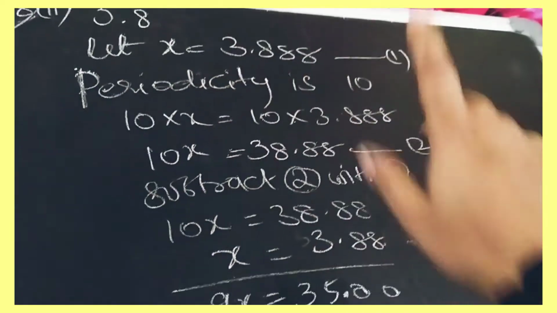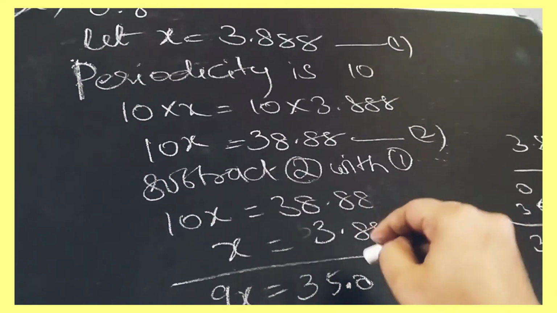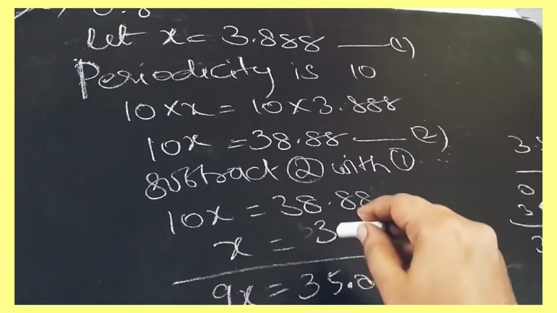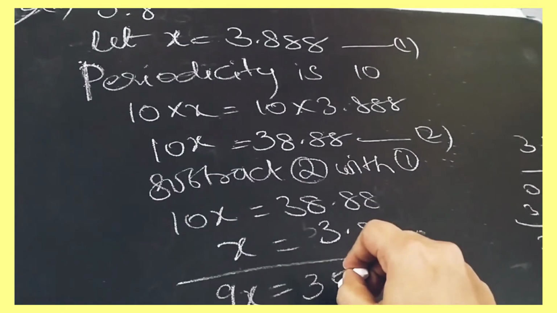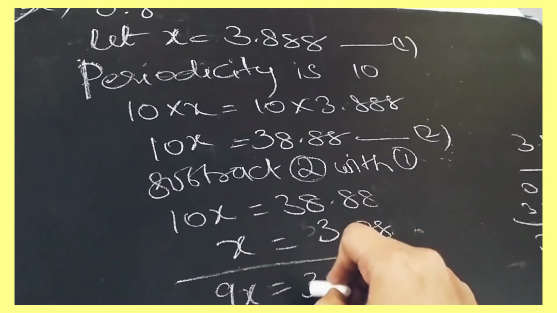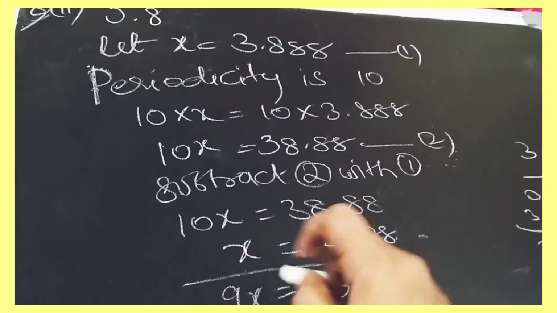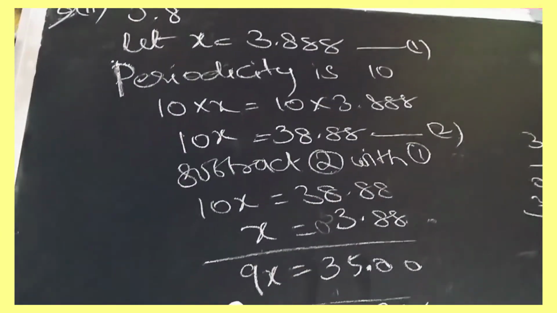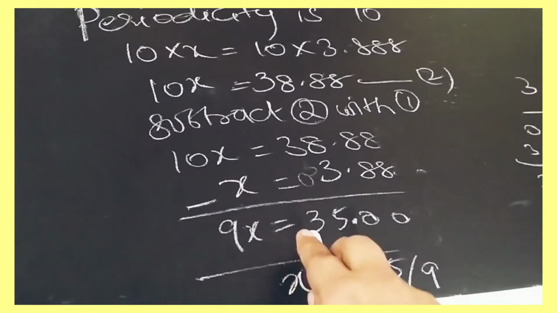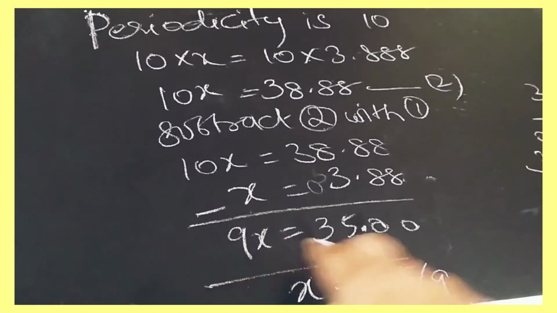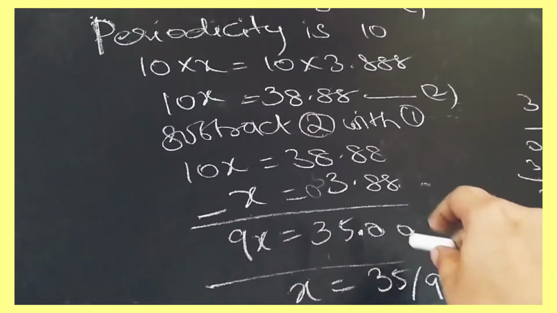Again 8 minus 8 is 0, 8 minus 8 is 0, 8 minus 3 is 5 here. So 3 you have to write here, here 0 is there now. So 10x minus x is 9x. So here x is equals to 35 by 9 you have to write. So this is the p by q form of this.